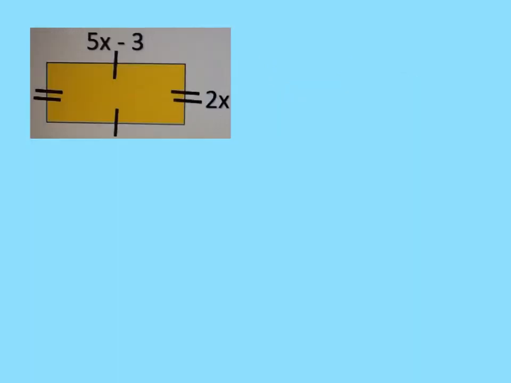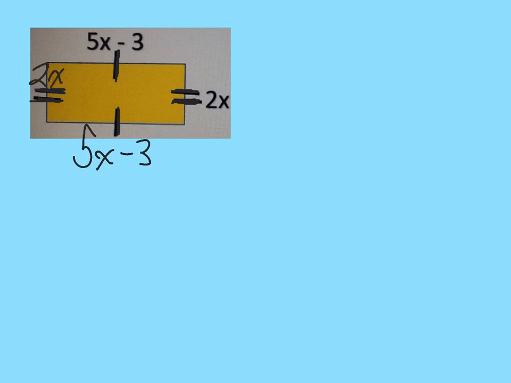Here we have a rectangle, something a little different here just in terms of the tick marks. What you can see is these two have 1, so those are the same. But this side has 2, and this side has 2. So they're not 5x minus 3, but these two sides with 2 tick marks are the same. So this side would be 2x.